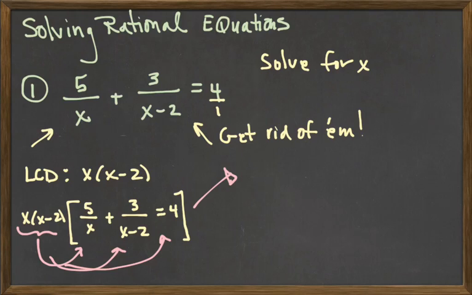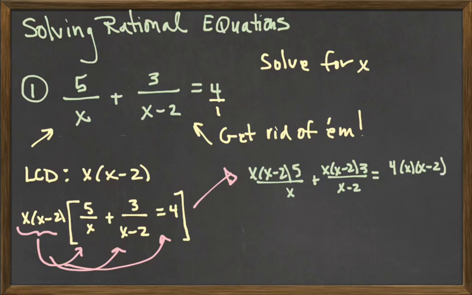We're going to have x times x minus 2 times 5 over x plus x times x minus 2 times 3 over x minus 2, good, equals 4 times x minus 2. Alright, so I have distributed that x times x minus 2 to every term inside the parentheses.